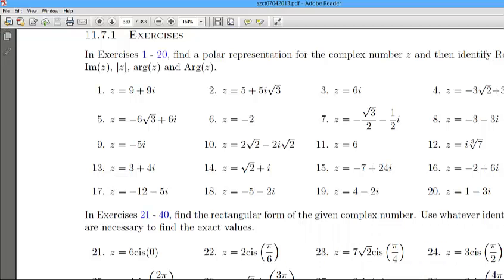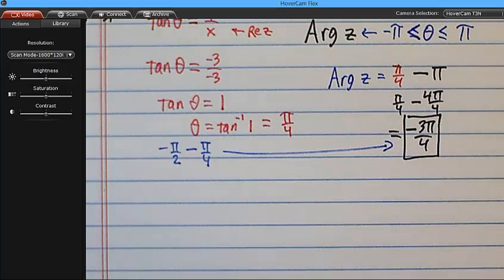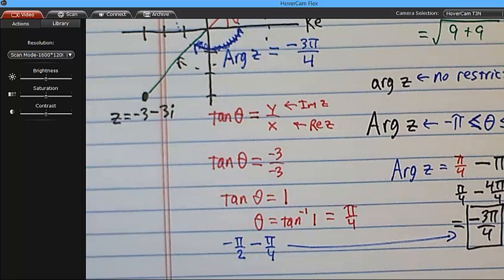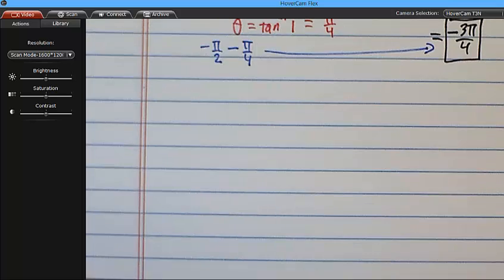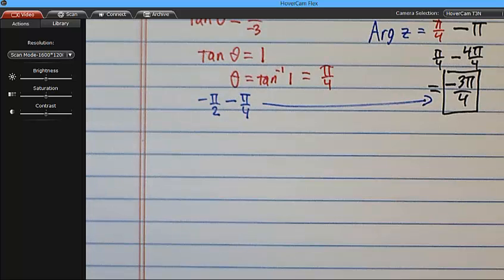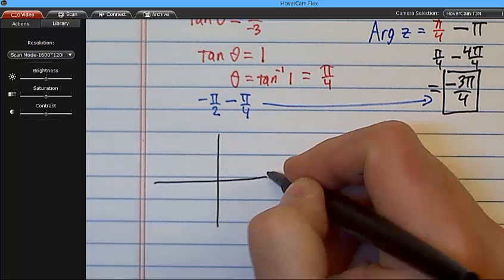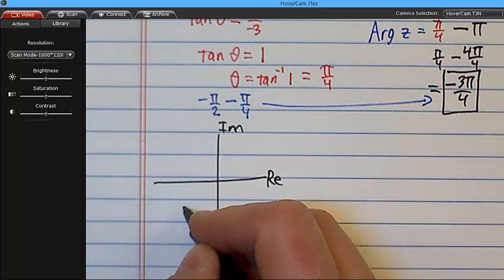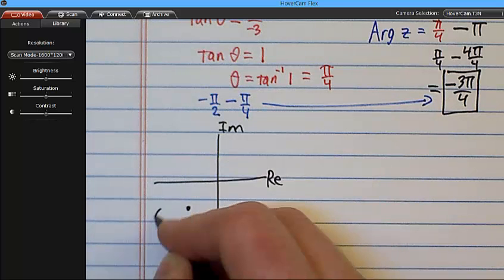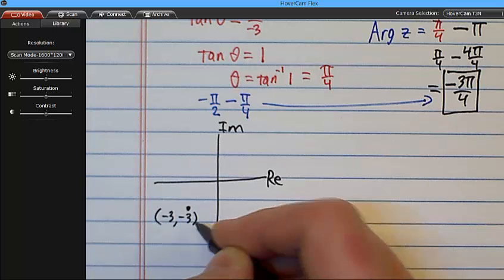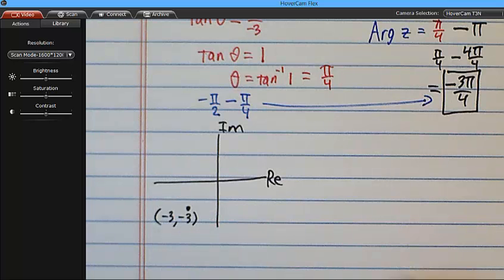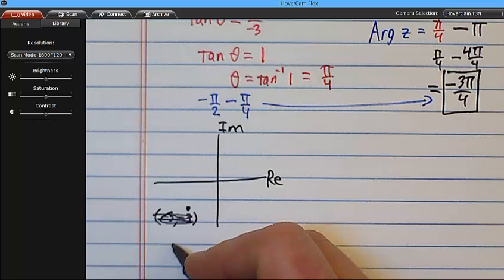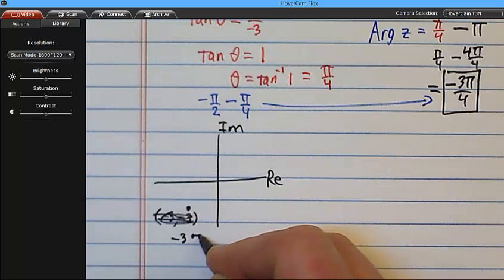So there's one thing they didn't ask in problem 8 that if I were writing the book, I probably would. So let's draw the picture over again a little smaller. Here's the real axis. Here's the imaginary axis. Here's the point, let's say negative 3, negative 3. I know it's negative 3 minus 3i.